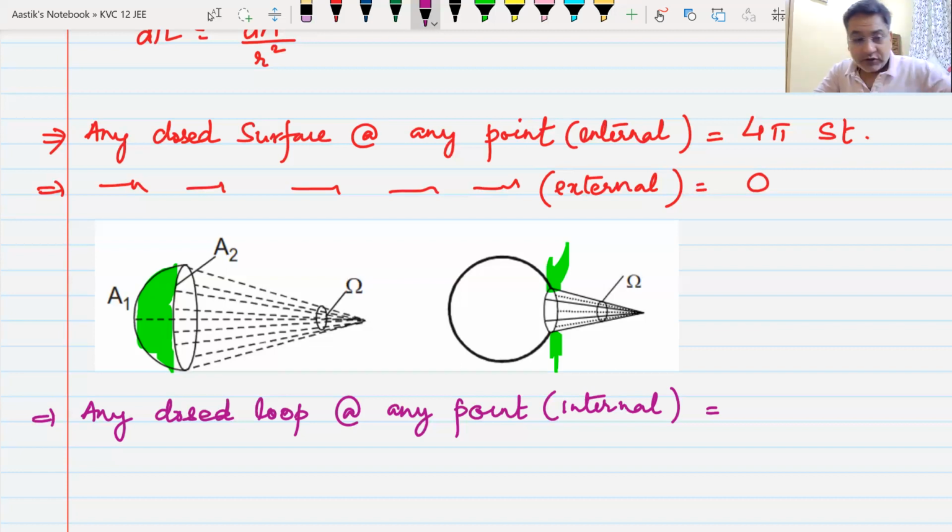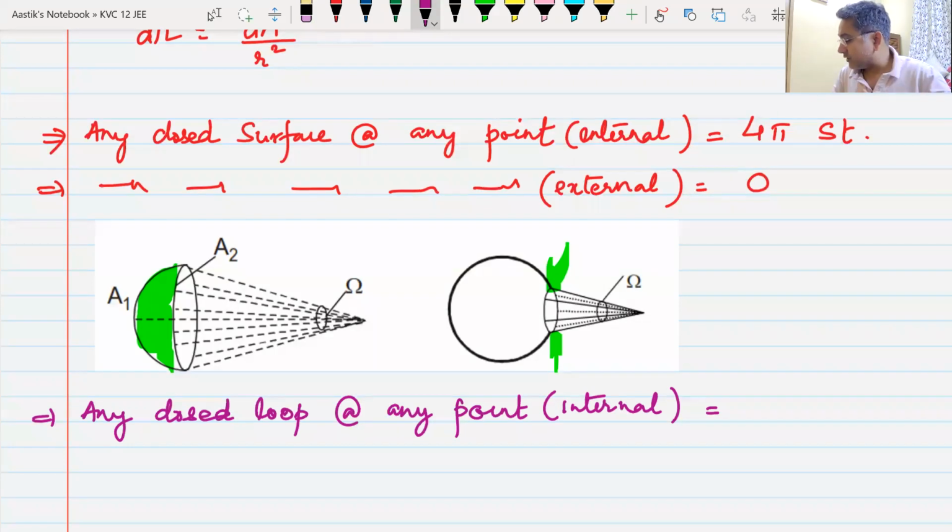So whatever is true for a closed loop, the same thing is true for a closed surface. The only difference is, in case of a closed loop, we have plane angle. In case of a closed surface, we have solid angle. Do we understand this? Plane angle, solid angle.